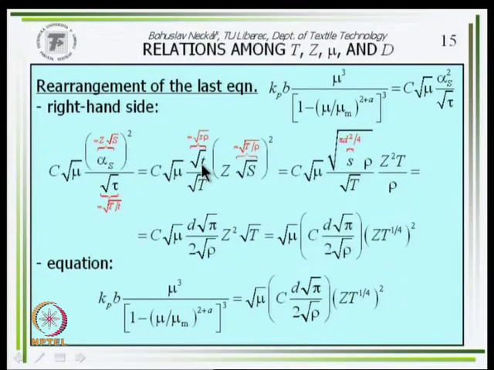In place of the quantity t, fiber fineness, we have s, fiber cross section, times rho. These are trivial equations which we know usually from our lecture 1. S, fiber cross section, here is pi d squared by 4, where d is the fiber diameter.